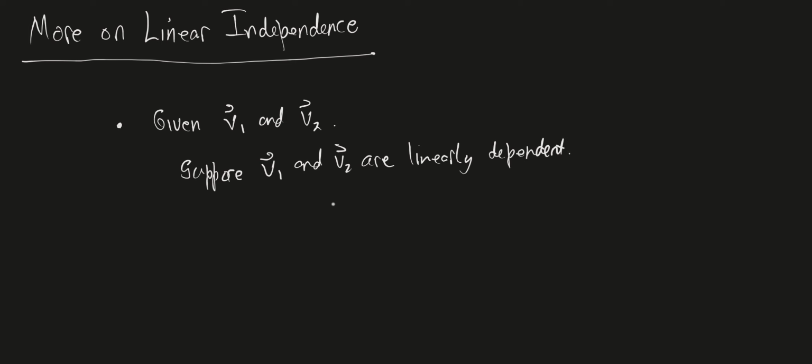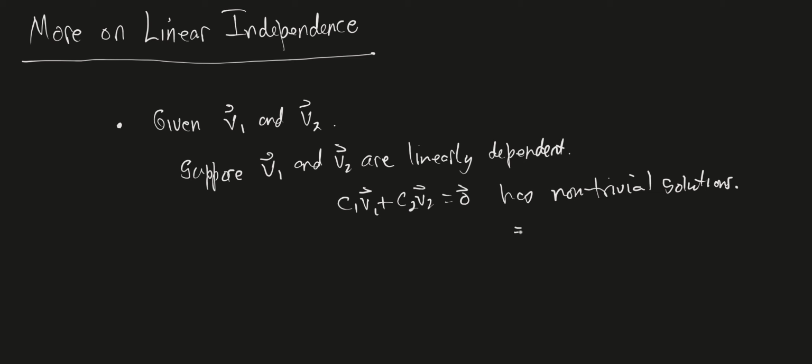It means I can find a non-trivial solution to this equation, so this equation has non-trivial solutions. Okay, that's great. But what does that mean? If it has non-trivial solutions, it means I can find values of c1 and c2 that are not both equal to 0.